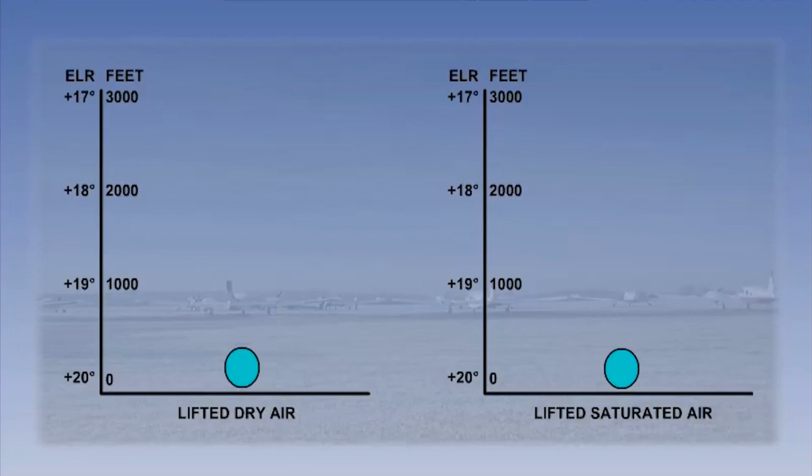Thus, if a parcel of air is surrounded by air which is the same temperature as our parcel, the conditions are stable. The parcel will merely want to stay where it is. If it's given a push upwards, it will settle back to its original position. Note that the air is stable when both saturated and unsaturated conditions are considered.